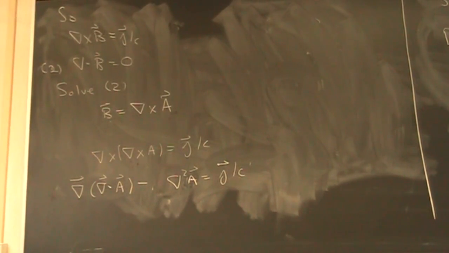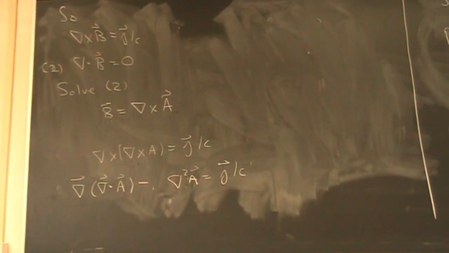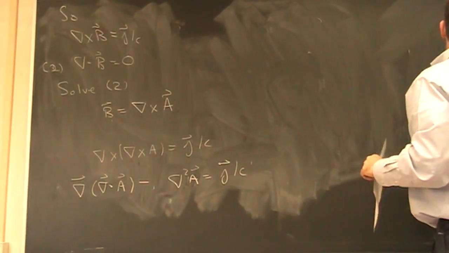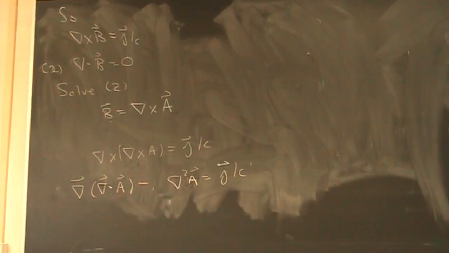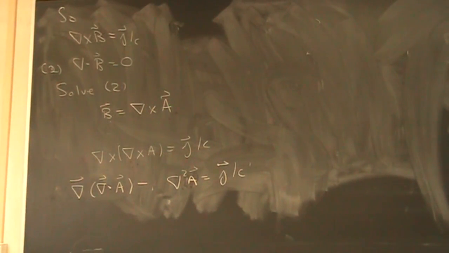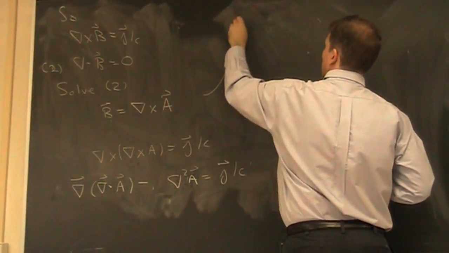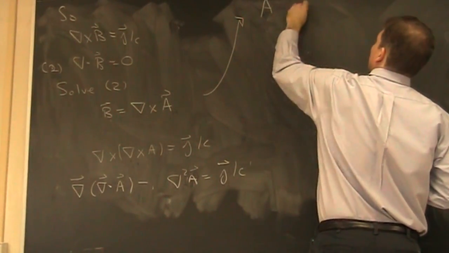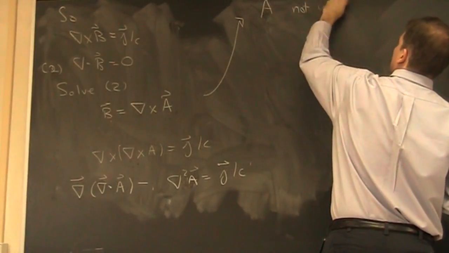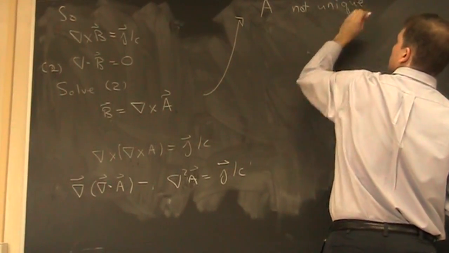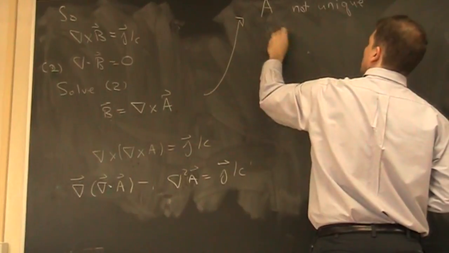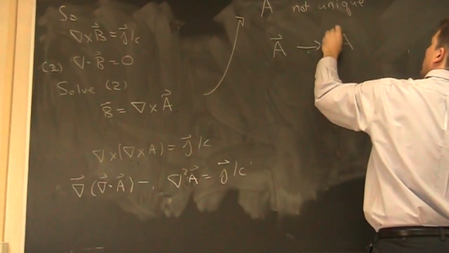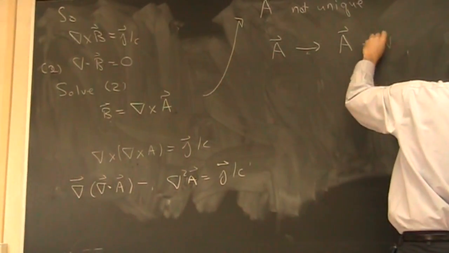But there's a freedom. So you can now use your freedom. A is not unique, right? You can always add a gradient of a scalar function. So A can always be replaced with A plus gradient of lambda.